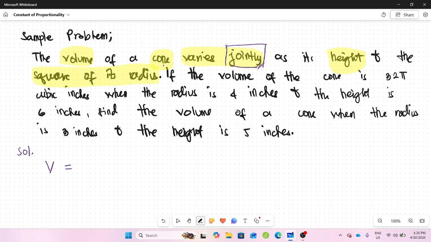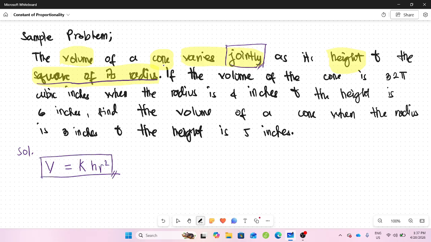So we have to put here k. Okay, so no statement for inverse proportionality. So we would expect that this is directly proportional to the height, let's put it h, and the square of the radius, so we have here r squared. Okay, so that's the statement there. So we have this equation based solely from that statement.